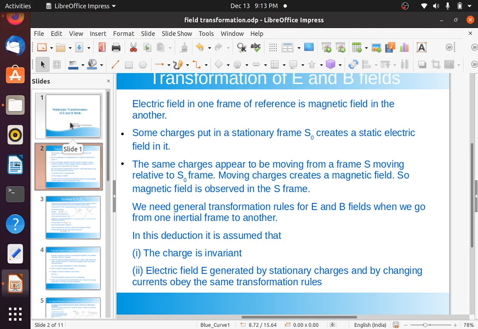So what happens when the current arises? It creates a magnetic field. If you take a current element, you can use the Biot-Savart law or Ampere's law to find out the magnetic field, a resultant magnetic field.